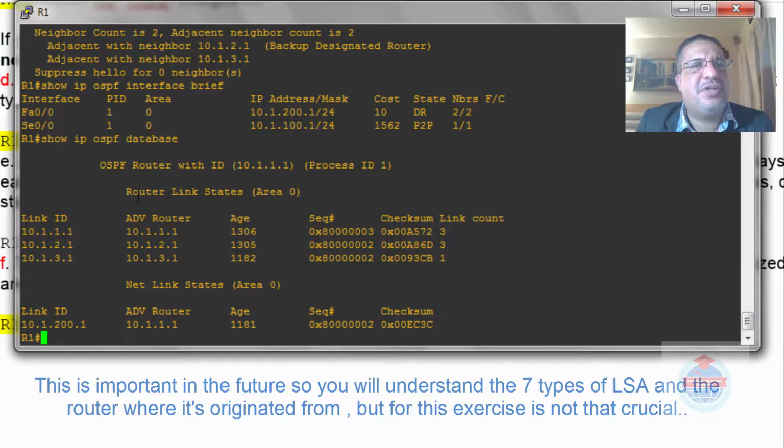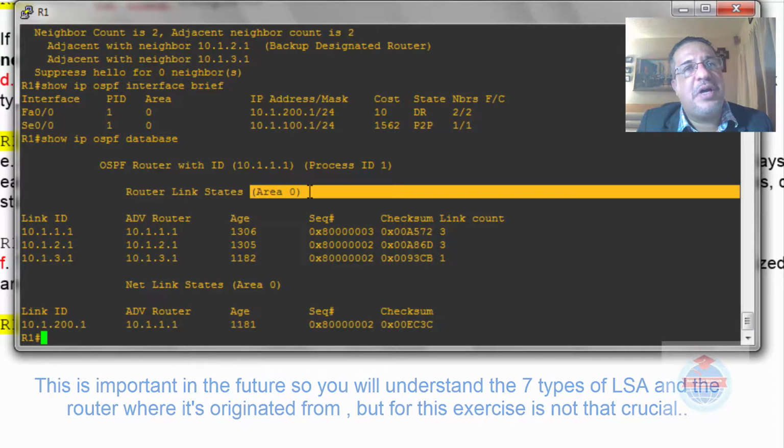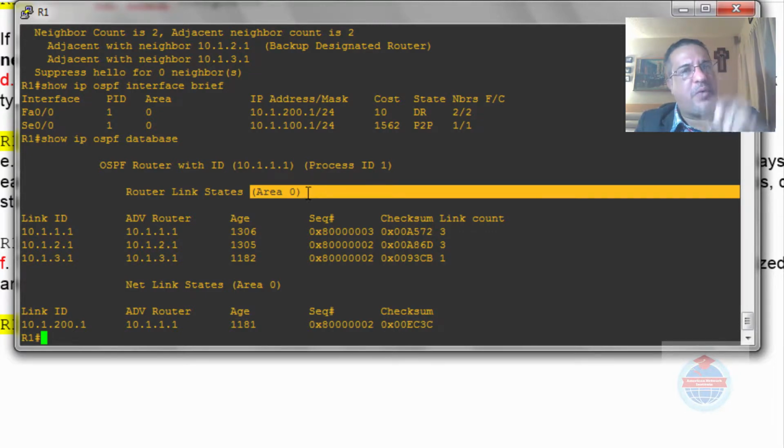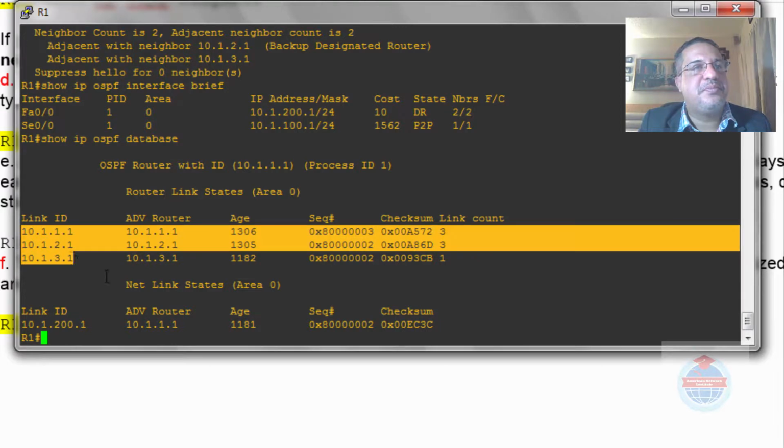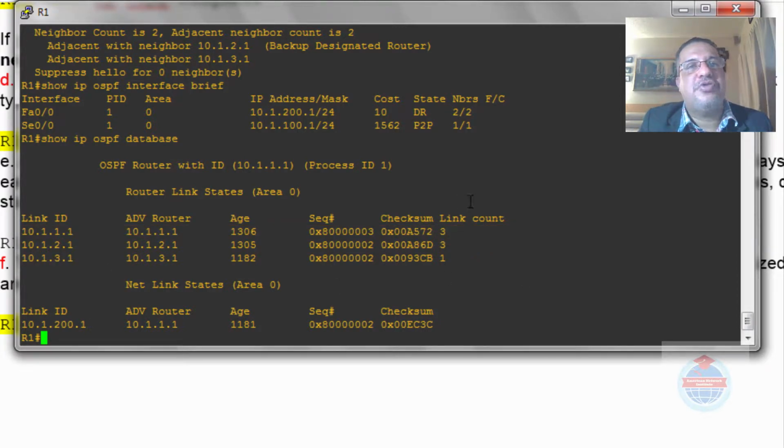Over here you see the different LSA, the different types. You're gonna see we only have area 0, we only have one area so far, but we can see different states and different area as well. So we can see the different IDs, ID numbers from each one of the routers, and some important information as well.